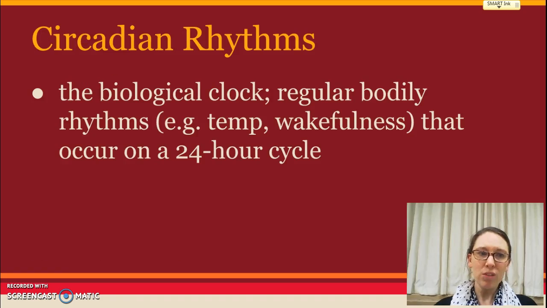And so another really important concept for the study of sleep is going to be the concept of circadian rhythms, which you guys have probably learned as being defined as your biological clock. And it refers to the fact that we have cycles, certainly, of sleep and wakefulness. I think that's what we usually think of when we think of circadian rhythms.